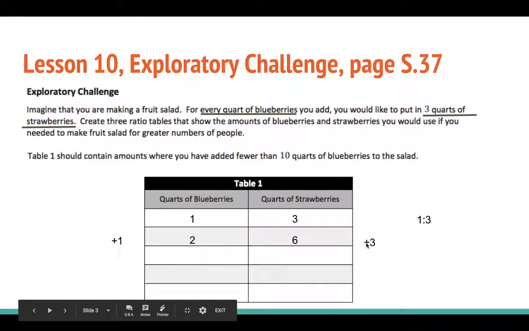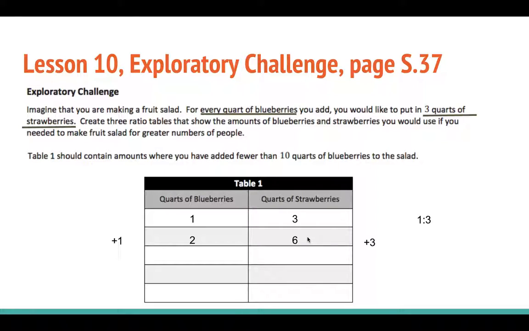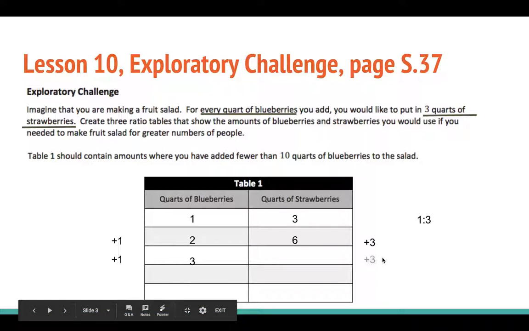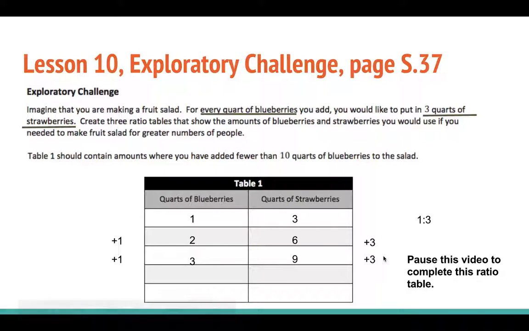And then 3 plus 3 equals 6. Let's say I wanted to add another quart of blueberries, meaning I wanted 3 quarts of blueberries. That would mean I add plus 3 here on the other side, and that would give me 9 quarts of strawberries. Okay? You can pause this video now to complete this ratio table.